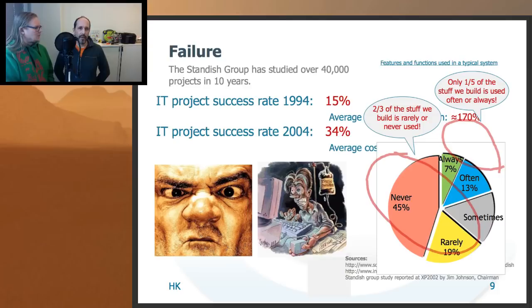It's been doing a consistent job of tracking how IT projects succeed for more than 20 years now. And roughly 20 years ago, the average success rate was merely 15%. Success means that the project is completed on time, in budget, and delivers what was intended.